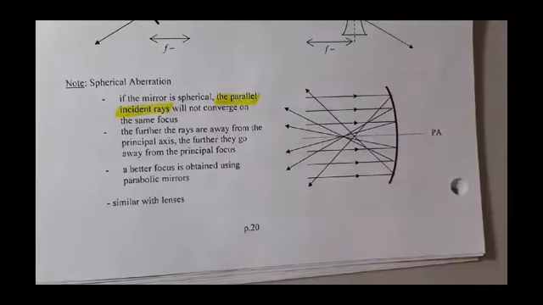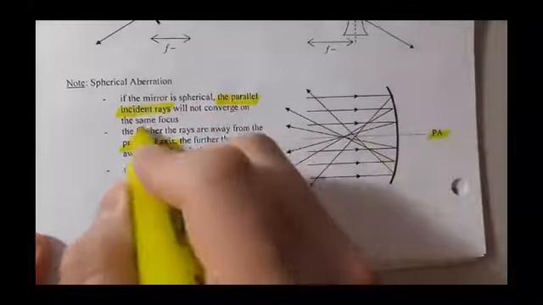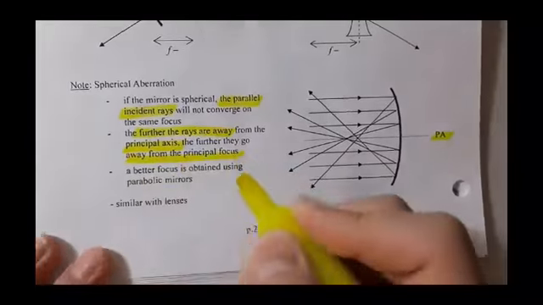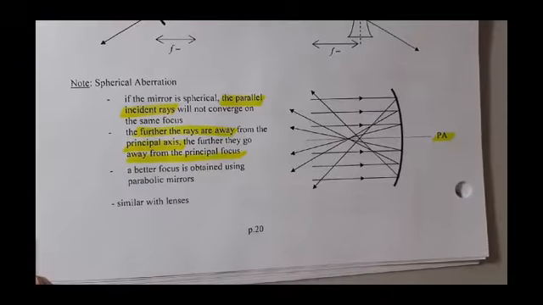They will not converge on the same focus. The further the radiation is from the principal axis, which is this PA over here, the further it goes from the principal focus. So if I move away, that's the point where everything is blurry because you cannot focus on the middle point. That happens to our eyes too.